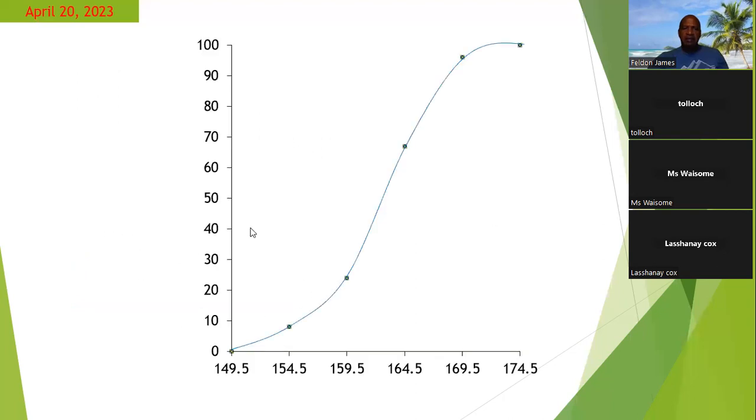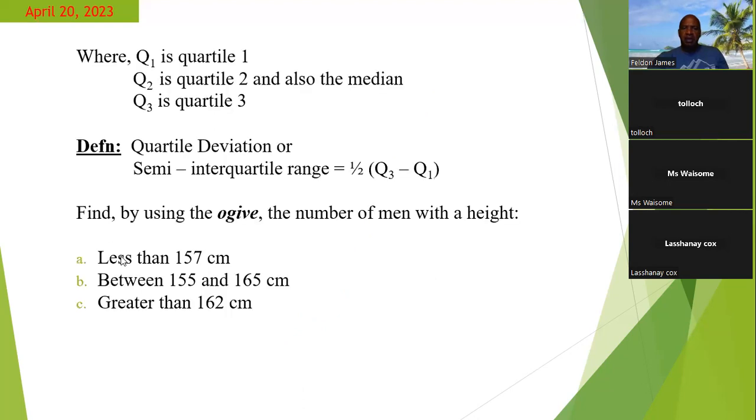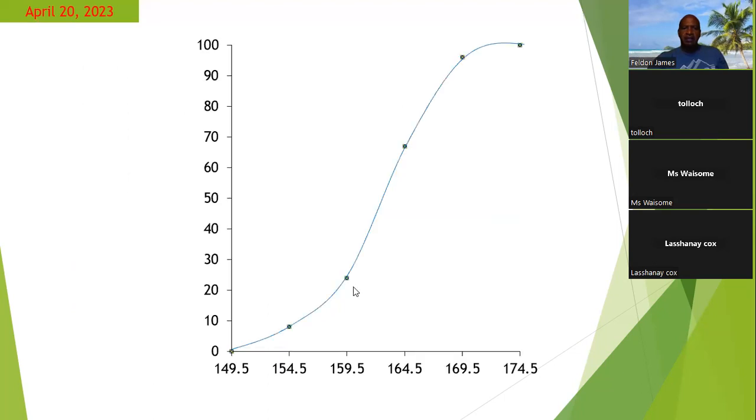All right, so here we have our ogive again. And the first question, we want to find the number of men with a height less than 157. So the heights are on the x-axis. So it means that on your x-axis, you need to find 157.